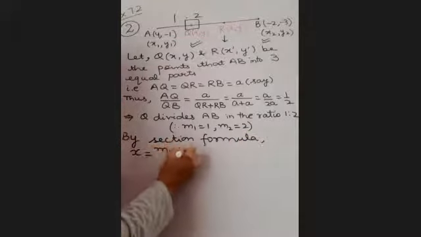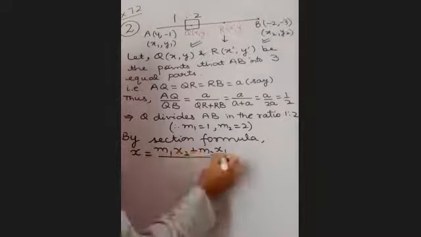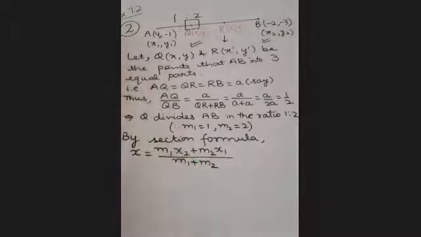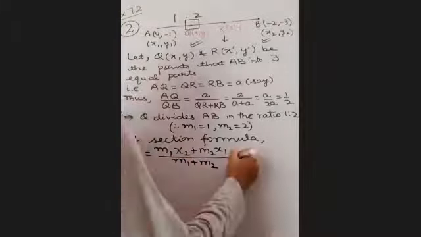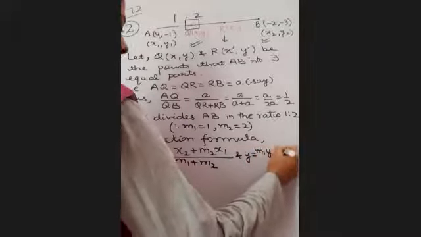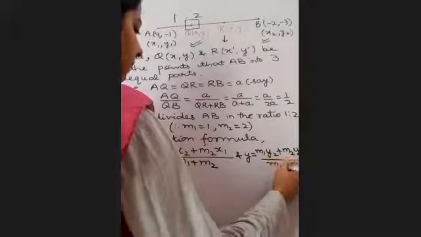By the section formula, x is equal to m1 x2 plus m2 x1 divided by m1 plus m2, and y is equal to m1 y2 plus m2 y1 divided by m1 plus m2.